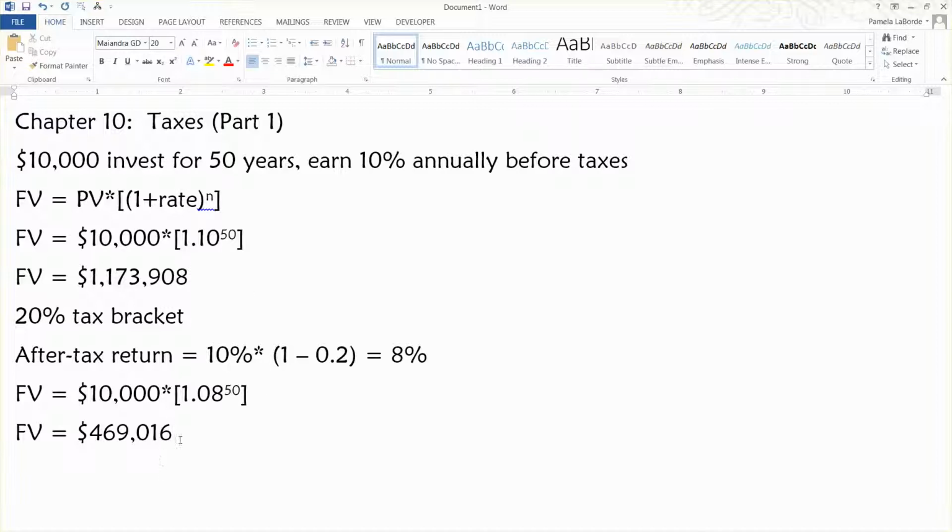It makes an astonishing difference. So that's why taxes will probably be the biggest expense you ever have. The difference between this value and this value is all due to the fact that taxes have to be paid. This is why so many people are interested in lowering their taxes.